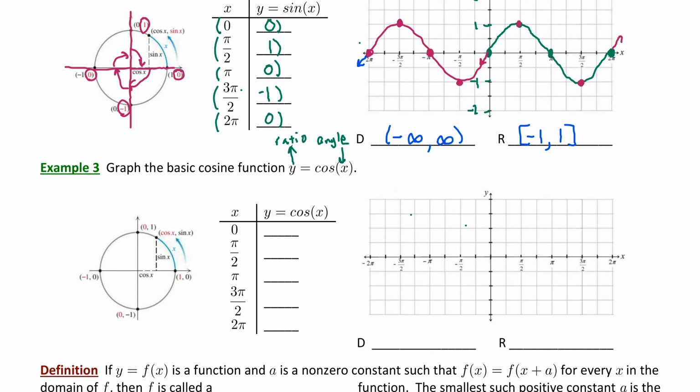So notice here we have variable y equals cosine of x. The input to that function, x, represents an angle, which we're stretching out on the linear x-axis. The output to that function, y, represents a ratio that we obtain from the unit circle. So recall that when we first defined cosine of an angle, we defined it as x over r.